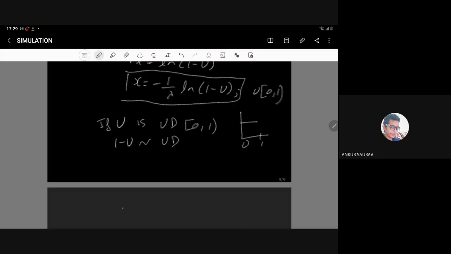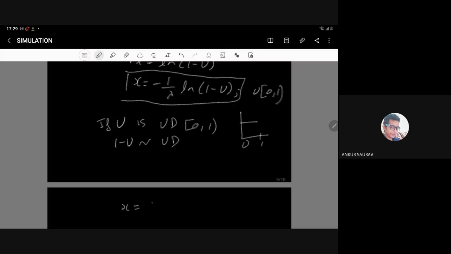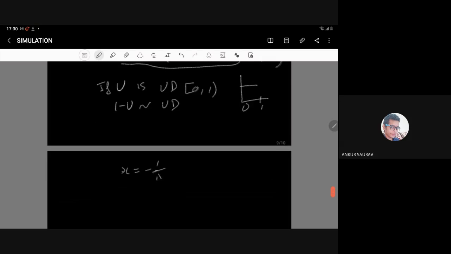So this scheme can be rewritten as 1 upon lambda ln of u. Instead of 1 minus u, you can replace this also. So this is another way to write the scheme. Again, u must be between 0 and 1.